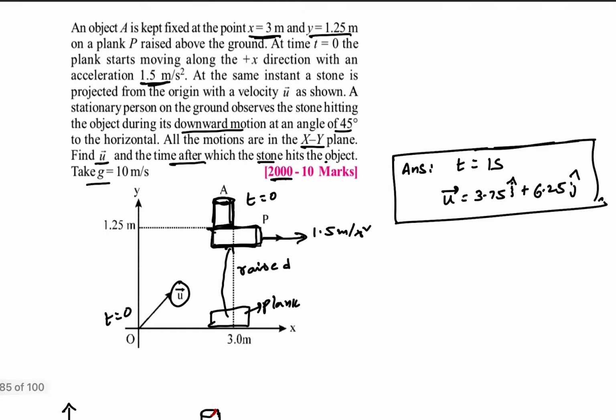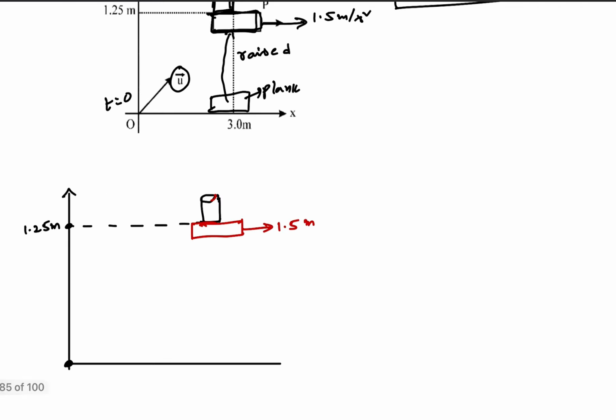This plank is moving with 1.5 meter per second square acceleration at t is equal to 0. At t is equal to 0, a particle is projected with u bar making some angle theta. We don't know what angle it is making. This initial location is 3 along the x-axis.